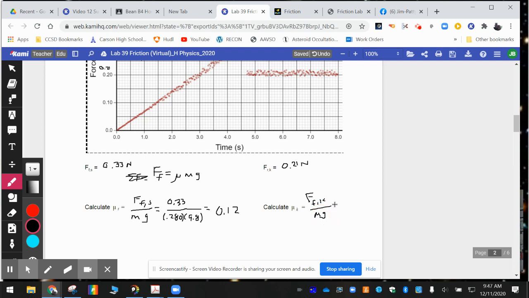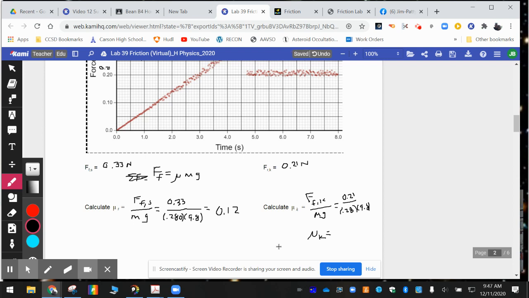So force of friction, kinetic, what, 0.21? 0.21 divided by the mass, 0.280, right? 0.28 times 9.8. So mu kinetic.